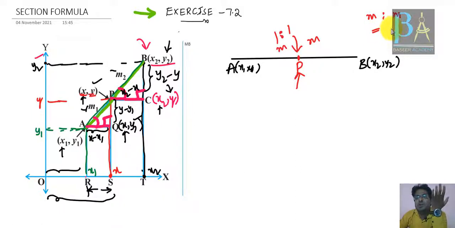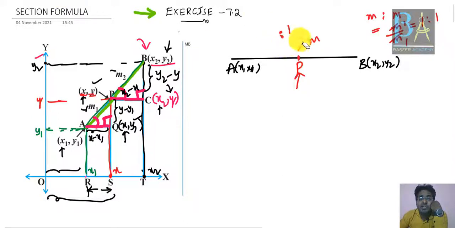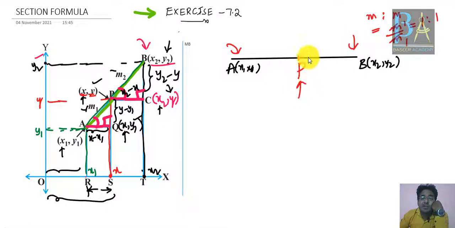Because m:m, you can write it as m by m. M into 1 is m, 1 by 1 you can write it as 1:1. So obviously you can see for yourself, if the point which is dividing the line segment lies exactly in between the 2 points A and B, then the point is going to divide the line segment in the ratio 1:1.